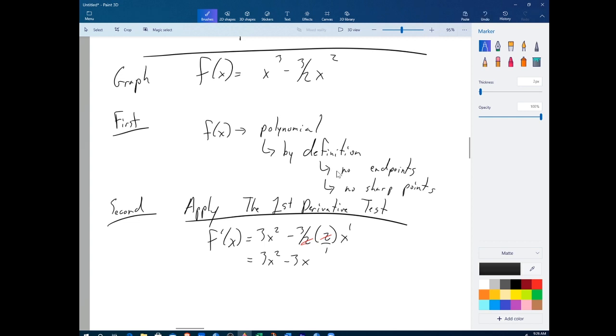And because we're no longer on the basic skills test, we do have to simplify everything. And with the first derivative test, what we're going to do is set our equation equal to 0, and we're going to start by finding our extrema.